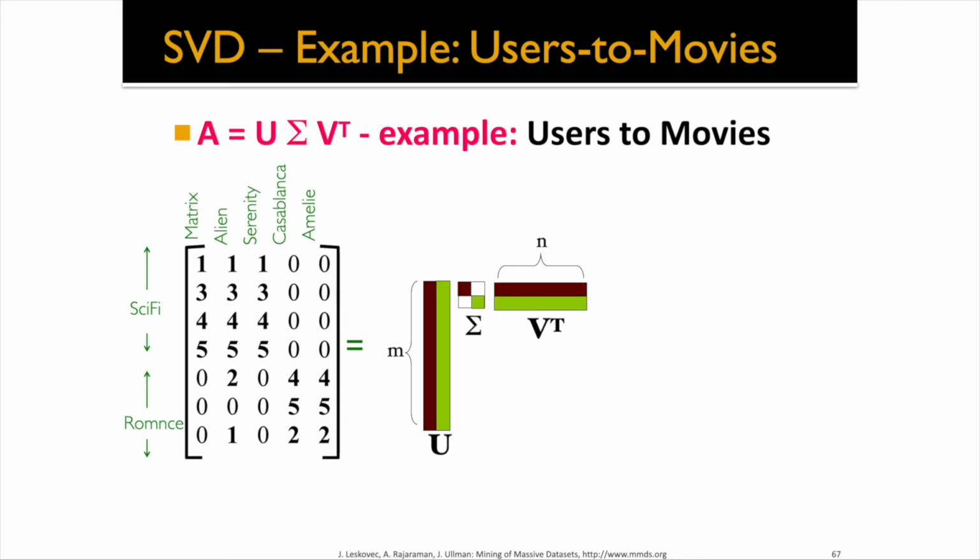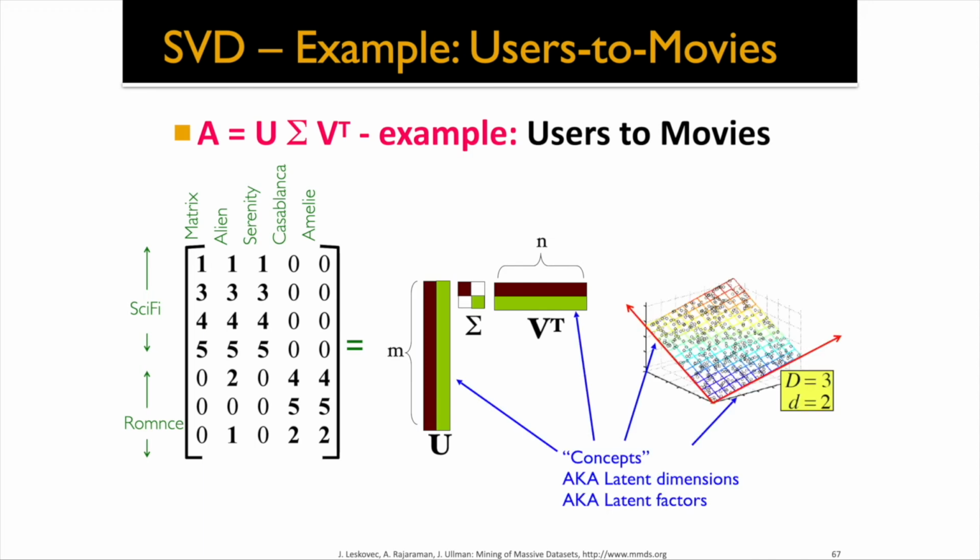For instance, we can decompose this into U, sigma, and V transpose, where we say the U and V matrices capture the concepts underlying this set of movies or this set of users, where U relates users to the latent genres of these movies that are interesting to them, and V represents the relationship between movies and the genres they're from.